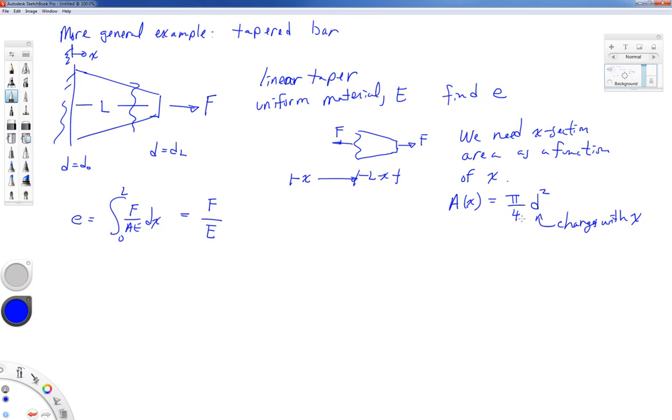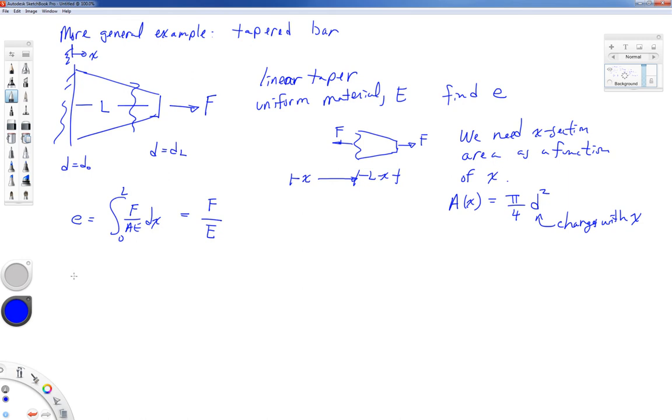So now we need to see how we can come up with an equation for the diameter d. The key in this particular problem is to understand that this is a linear taper, which means that the diameter follows the form of the equation of a line.